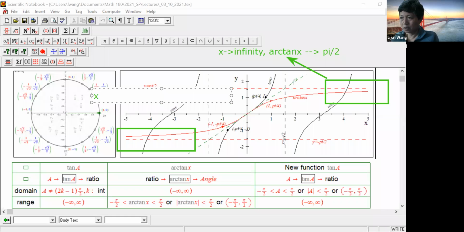As x approaches negative infinity, arctan x will be approaching negative pi over 2. So this piece tells you that. In calculus class, of course, you're going to use limit notation. I wish someone told me that before I took calculus class.